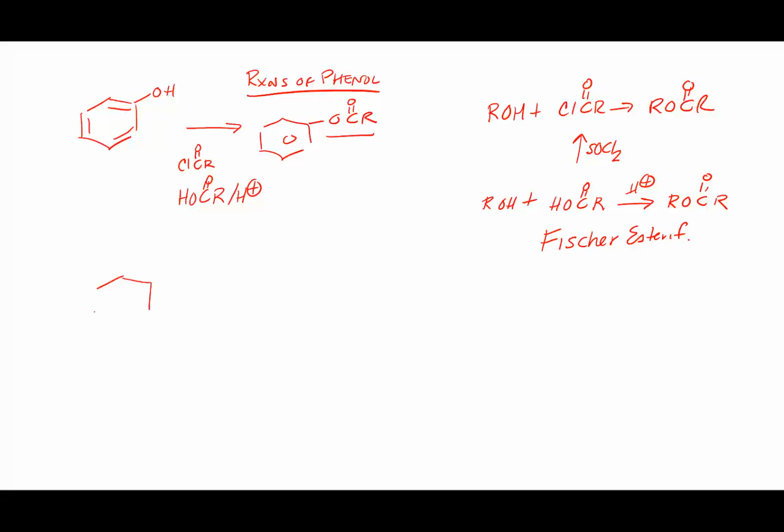Let's see. Might as well cover this while we're here. I can take my aniline, which is my NH2 attached to the benzene ring, and I can convert it to this amide.